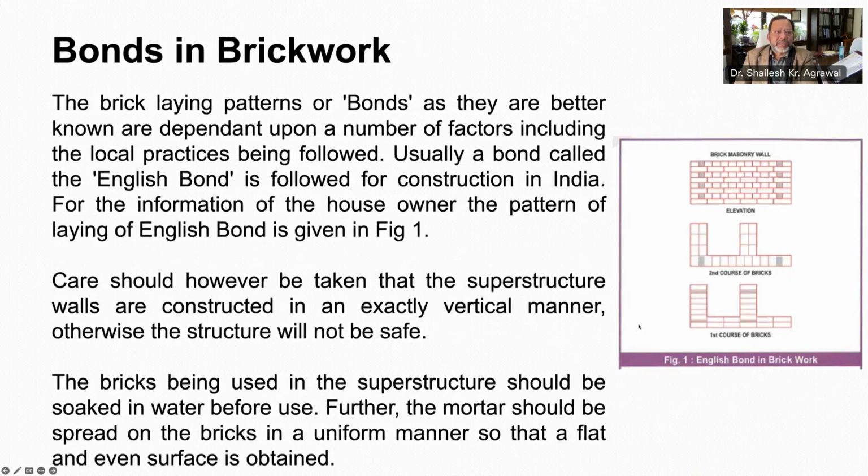Let us now discuss bonds in brickwork. The bricklaying patterns, as they are better known, depend on a number of factors, including local practice. There are two prevalent bonds in our country, that is English and Flemish bond. Usually, English bond is followed for construction in India, and it is shown here on the right-hand side of this slide.